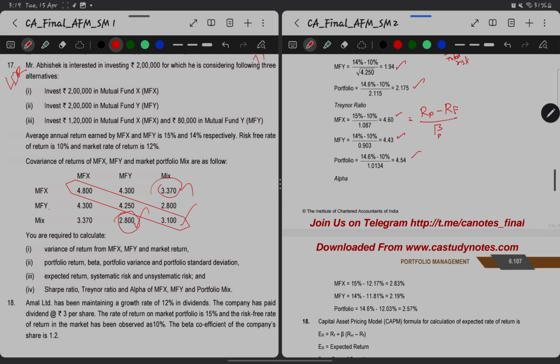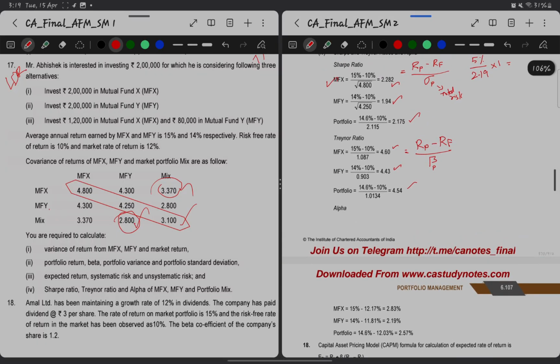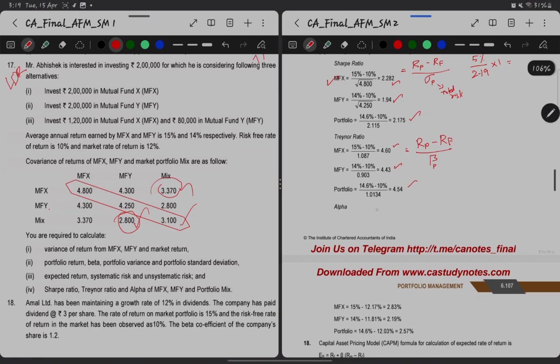Now alpha here signifies the Jensen alpha, which is nothing but how much excess return is earned by a portfolio compared to what CAPM predicts. So alpha is equal to actual return minus CAPM expected return.